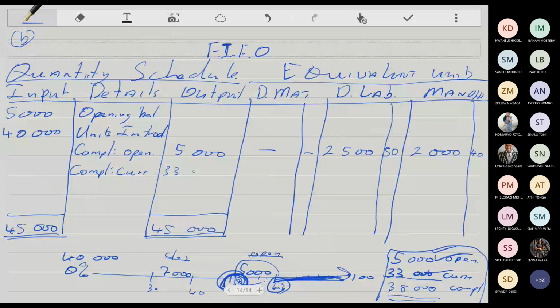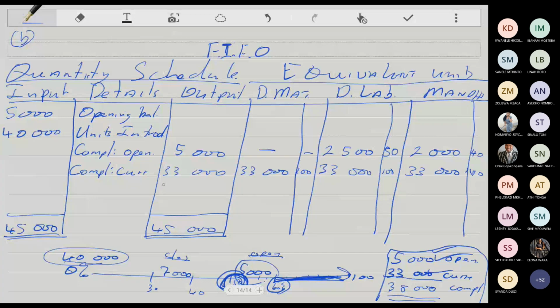So in your material, it's going to appear at 100%, as well as in your labor and in your manufacturing overheads. It's going to appear at 100% because they've started from 0 up to 100%.